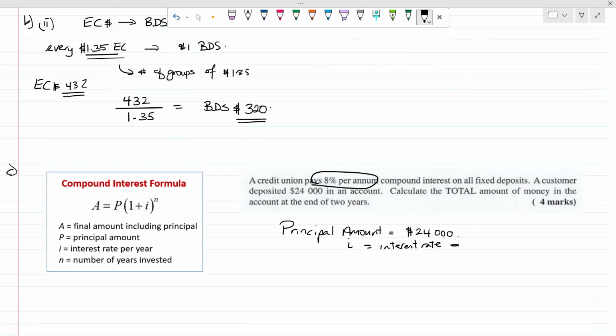And N is my time, at the end of 2 years. So that's 2 years. Using this formula, you can work it out for me now.